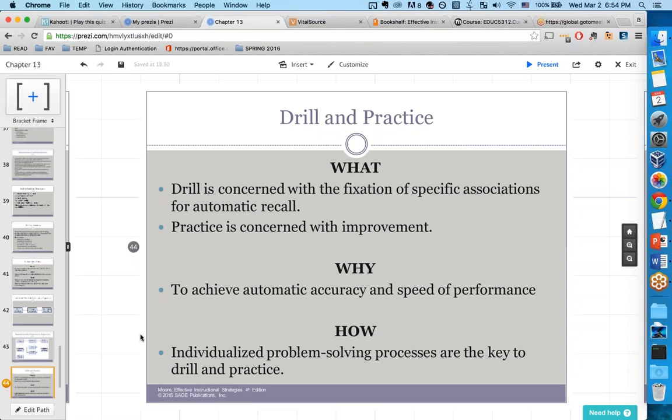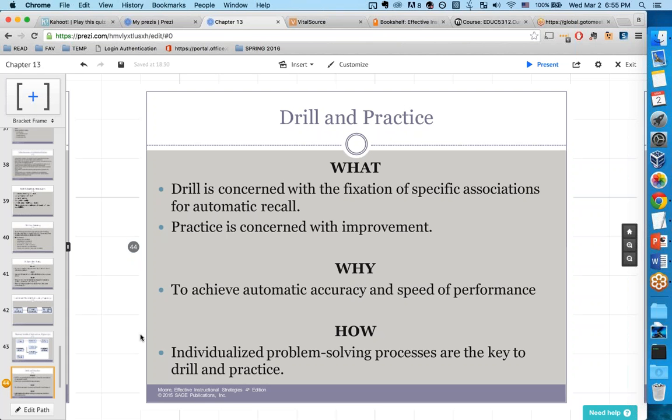Drill and practice. Drill is concerned with the fixation of specific associations for automatic recall. On the other hand, practice is concerned with improvement. With drill, you want to remember some sort of information automatically without even thinking about it.